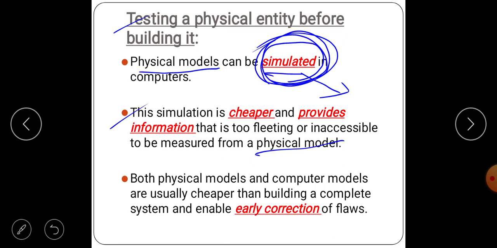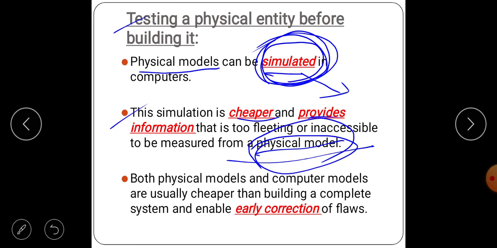Because it is cheaper, and provides information that is too fleeting or inaccessible to be measured from the physical model. Because when we directly create the physical model, it is going to take more money. Okay, means it is not cheaper when you build the physical model.